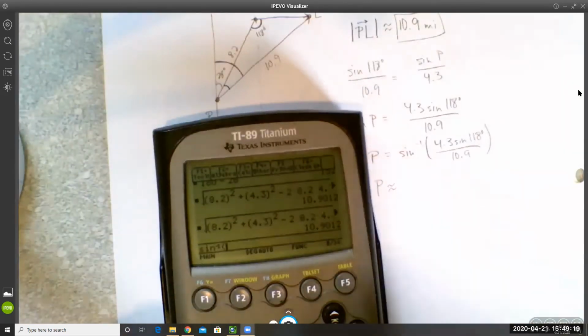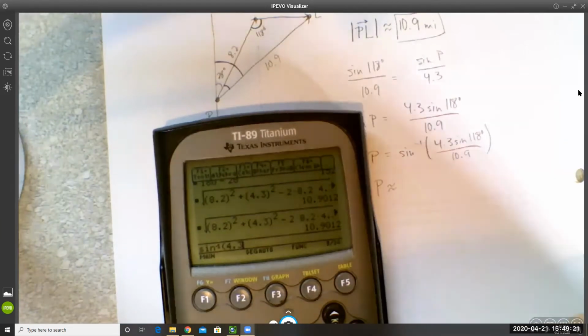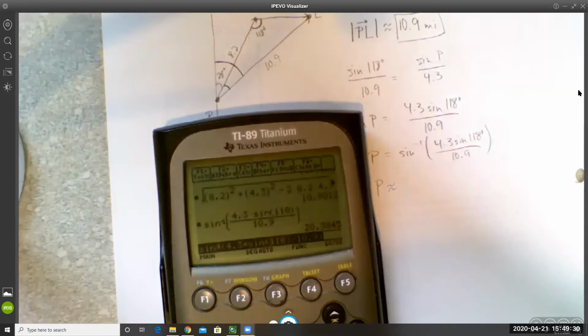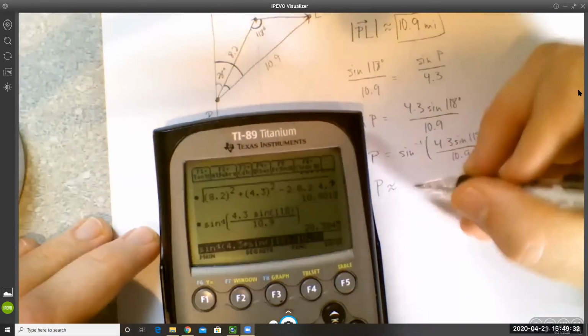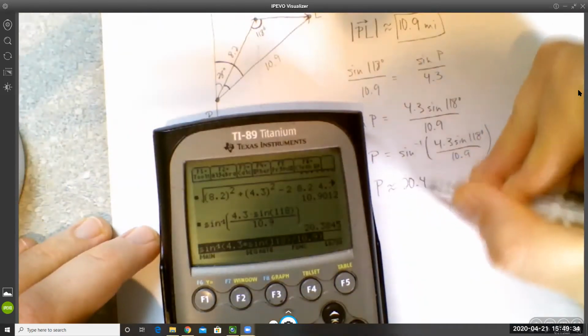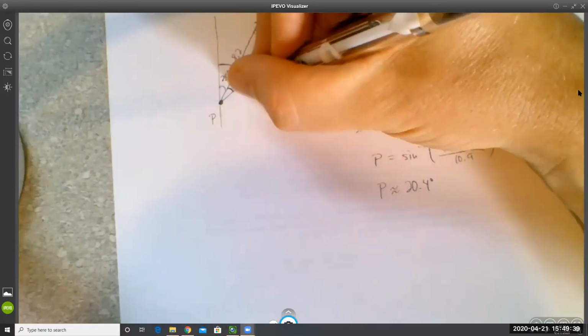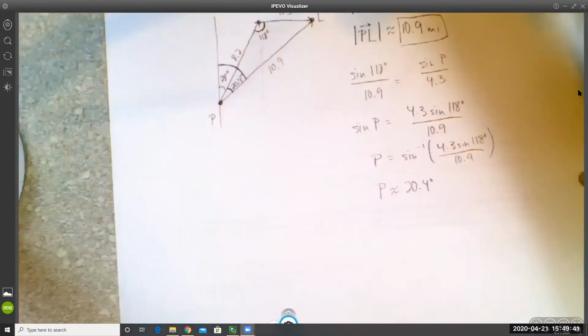So sine inverse of 4.3 times sine 118 over 10.9 is about, to 3 sig figs, 20.4 degrees. So this is about 20.4 degrees now.